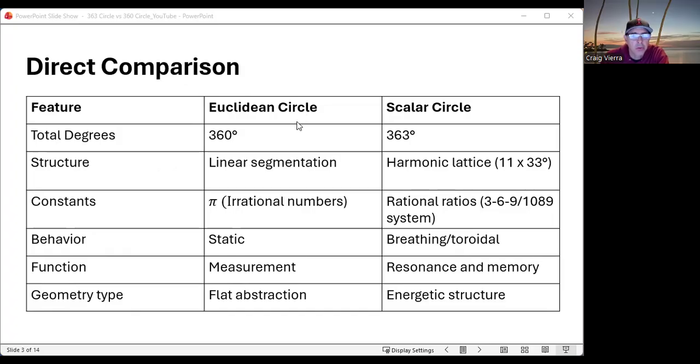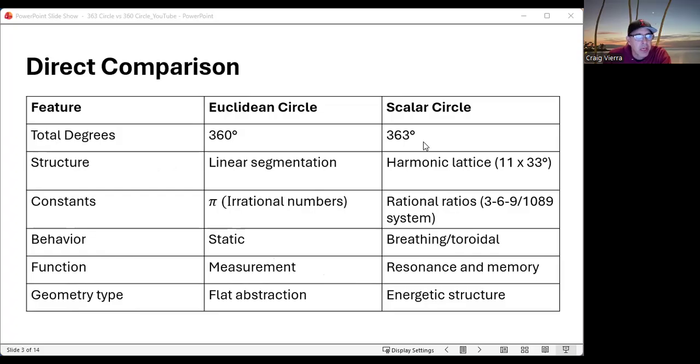Historically, the Euclidean circle was used a lot in astrology, astronomy, and timekeeping, but it's really a mathematical model for measurement. In Euclidean segmentation, they're using increments of space. You can pick any size you like, much like a ruler.